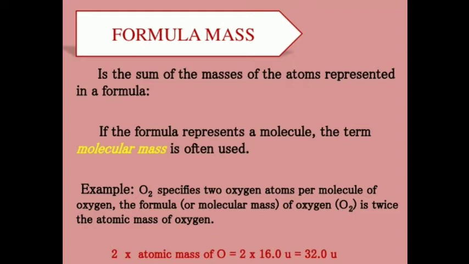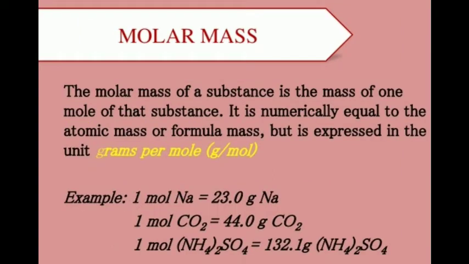Either U is written or G for gram is written. When we are expressing molecular mass or atomic mass in gram, then it is termed as gram atomic mass or gram molecular mass. In the same way, formula mass or molar mass is also expressed in grams.